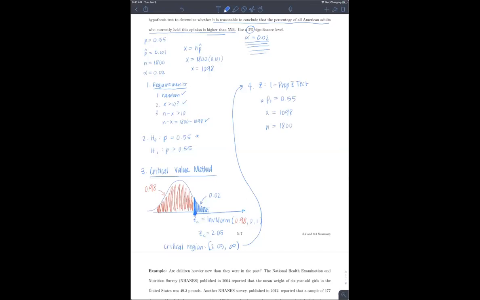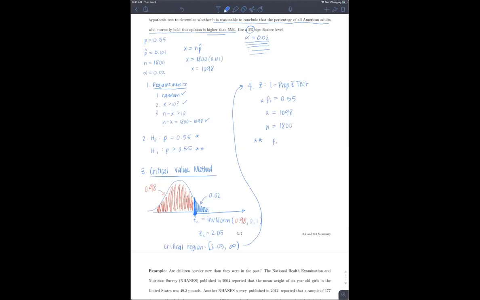And then it's also going to ask for either less than, greater than, or not equal to. And so here, we're going to use the symbol from the alternative hypothesis. So we would use greater than P naught, and then you just hit calculate.